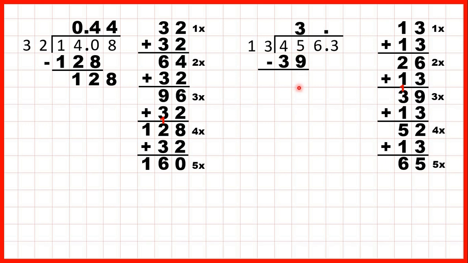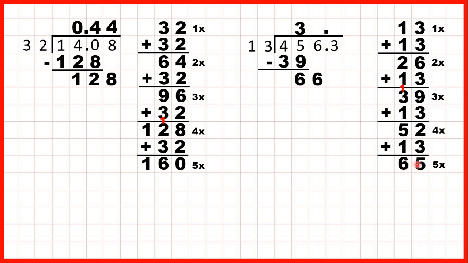So now we can subtract: 45 minus 39 is 6, and we can bring down the next digit, so bring down this 6. That means we need to divide 66 by 13. Now the closest number to 66 in the 13 times table, which is still less than 66, is 65.